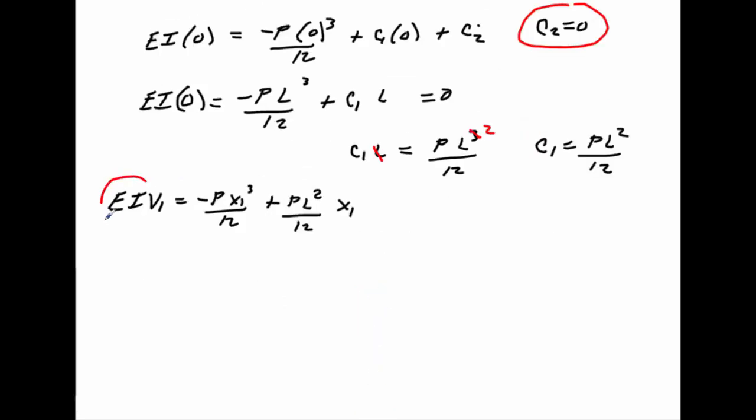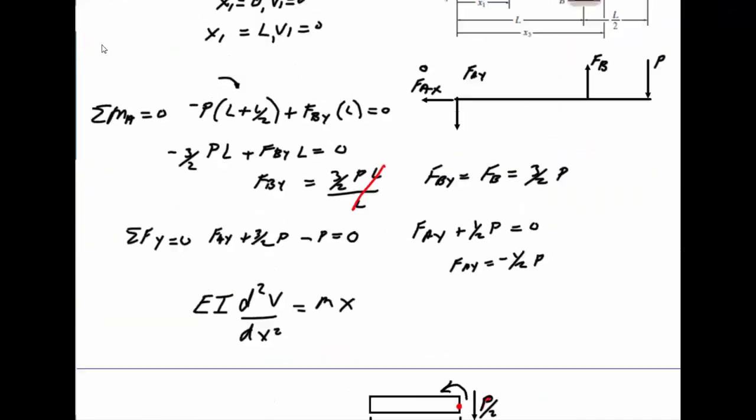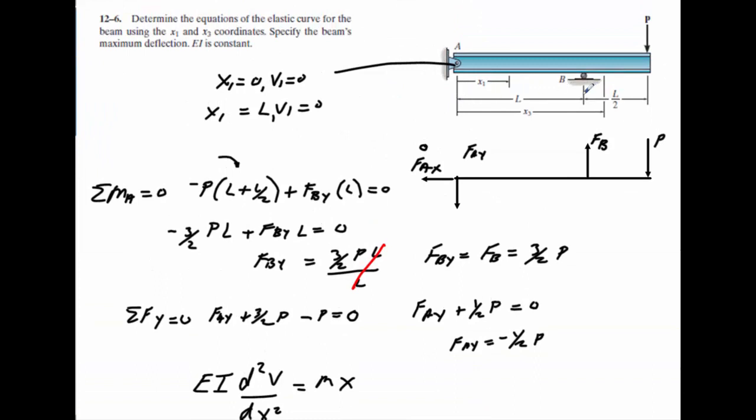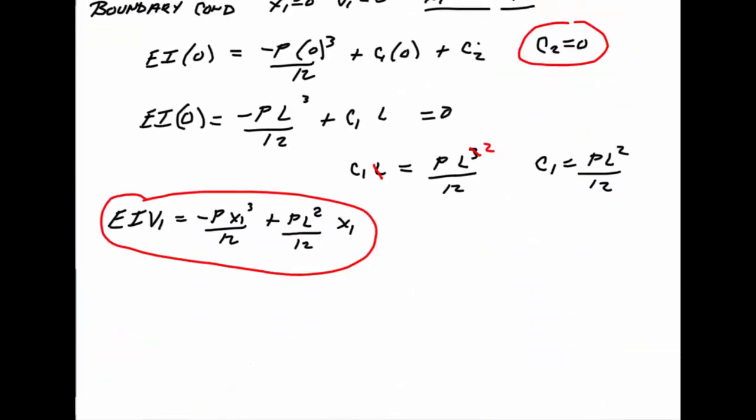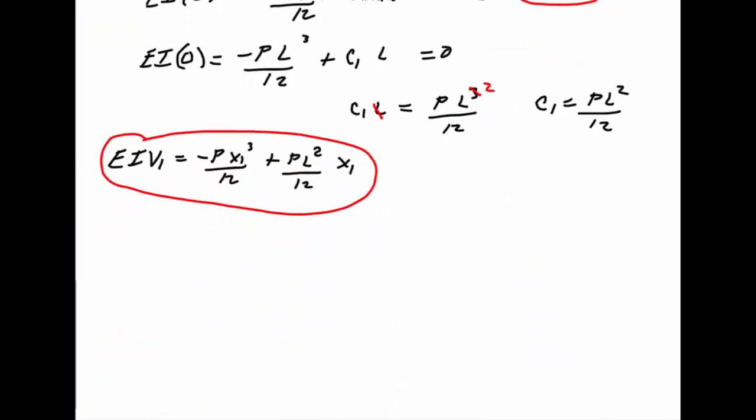Okay, so now we're going to circle this one, and now we're going to go back up here. Now we're going to look at what happens as we go on the other side of this, which is our x3 value. So now I'm going to draw a small section of that beam. I have a beam that looks kind of like this.